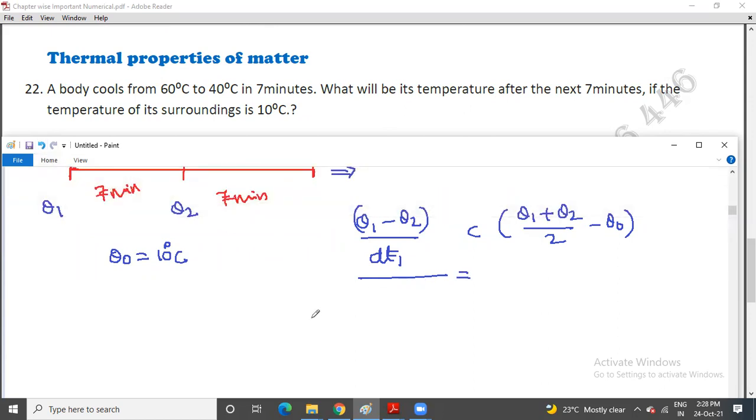So theta 1 minus theta 2 dash divided by dt2 is equal to C into theta 1 plus theta 2 dash divided by 2 minus theta naught. So since 7 minutes is the same, you can substitute the values.